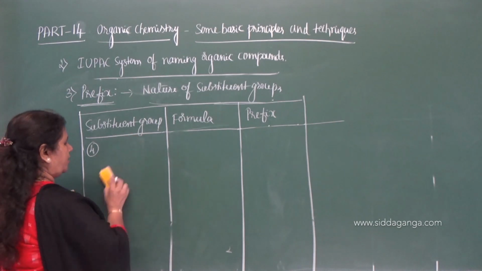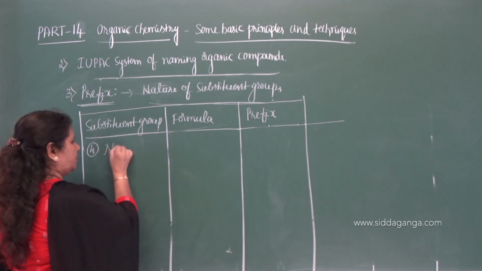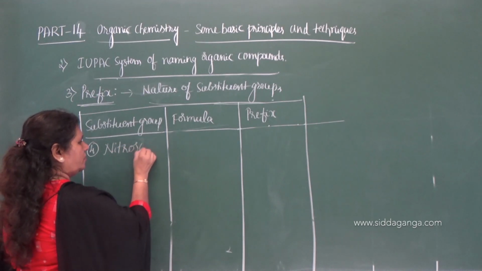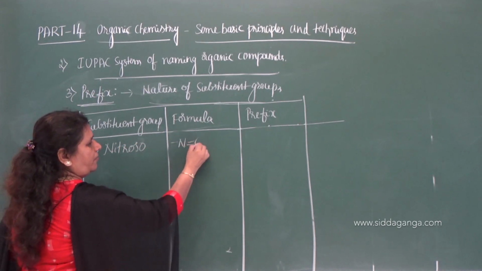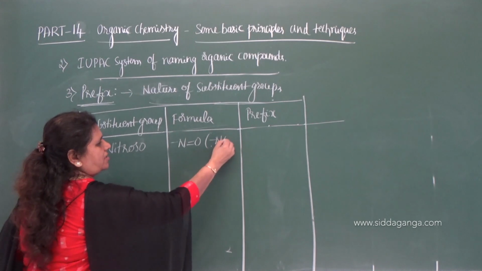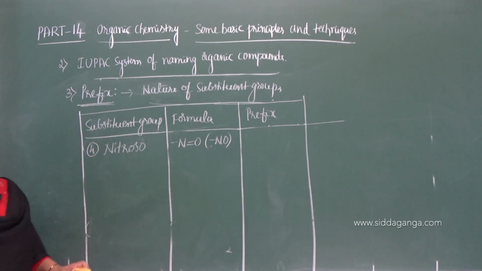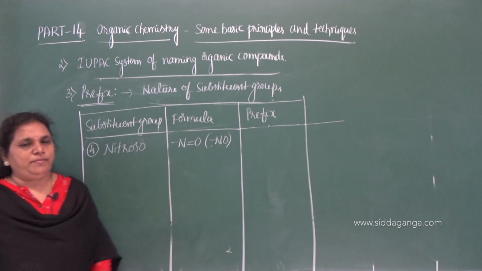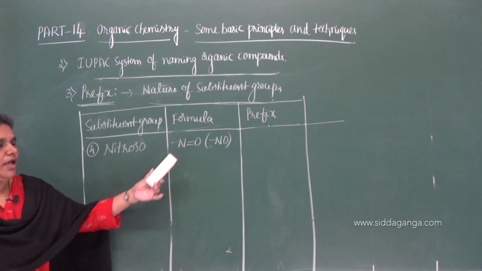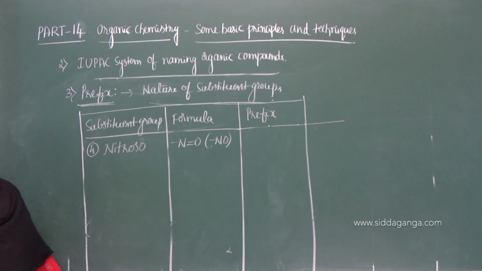Here we have to write the group nitroso. Nitroso, N double bond O, or you can write it as NO. So usually we cannot write NO here, but I have given the abbreviation N double bond O. That is the structural formula for the nitroso group.